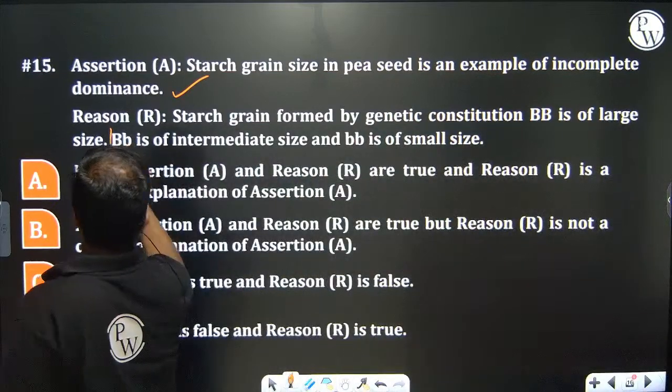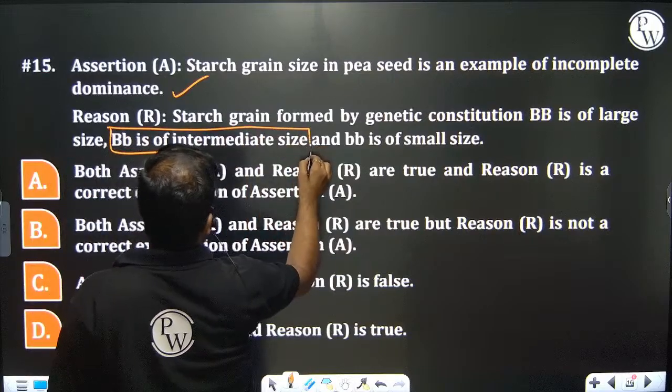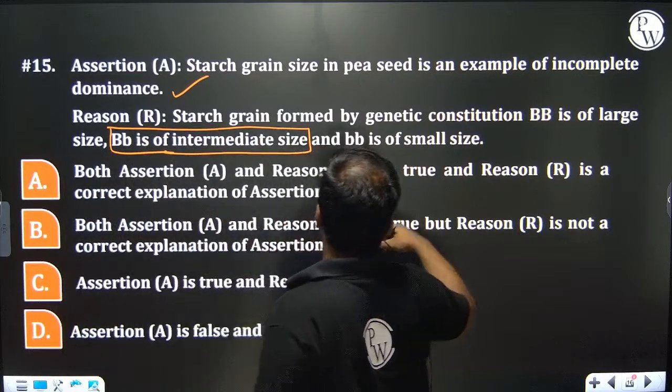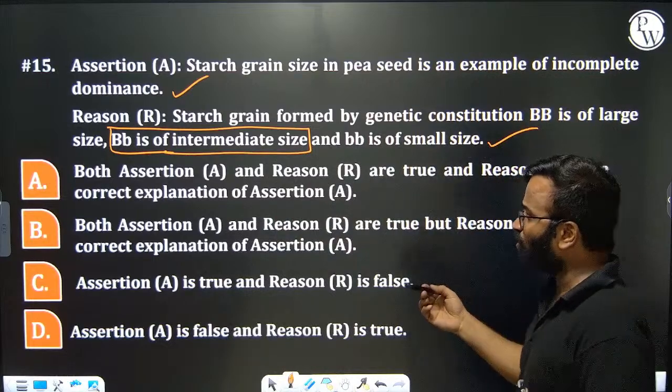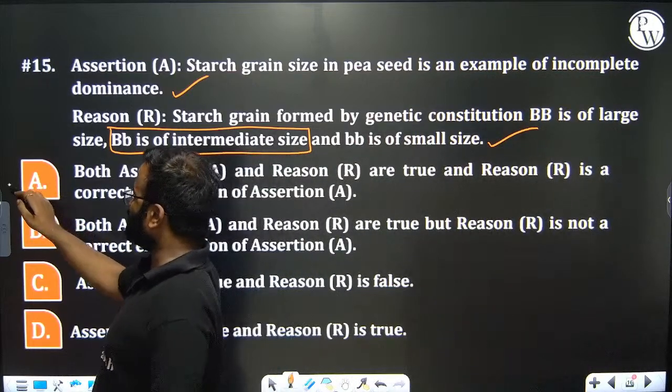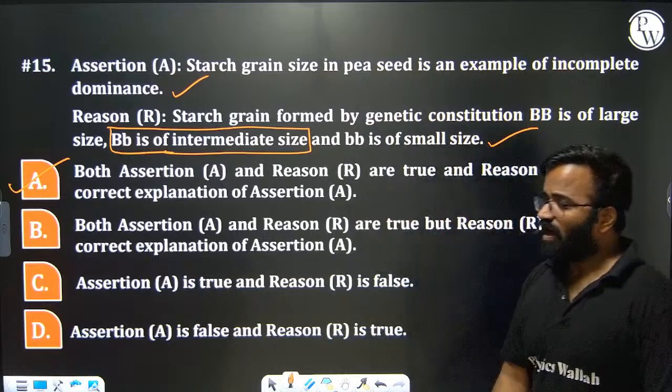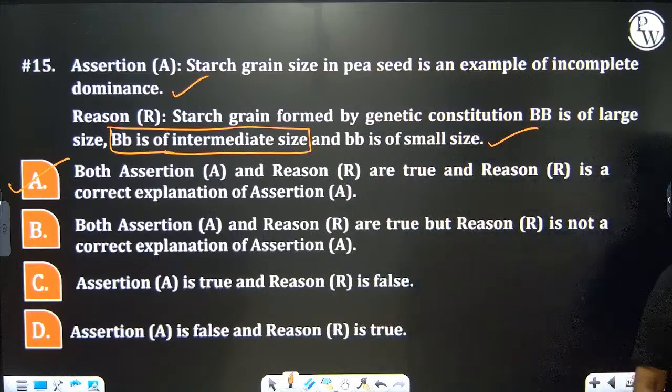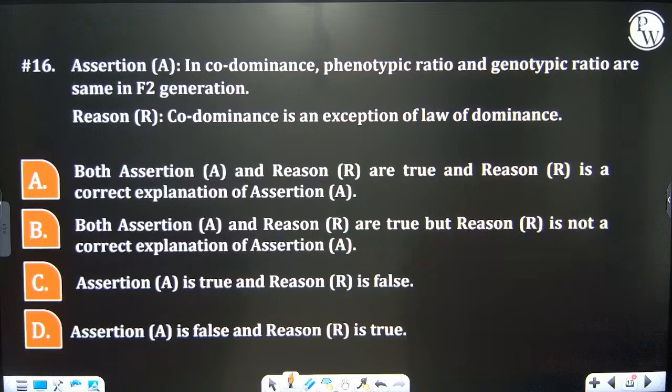Yes, it is explaining over here, and that's the reason why I go with both these statements are true, and it is a right explanation as well. Clear? Hello? Next, let's go for the next question.